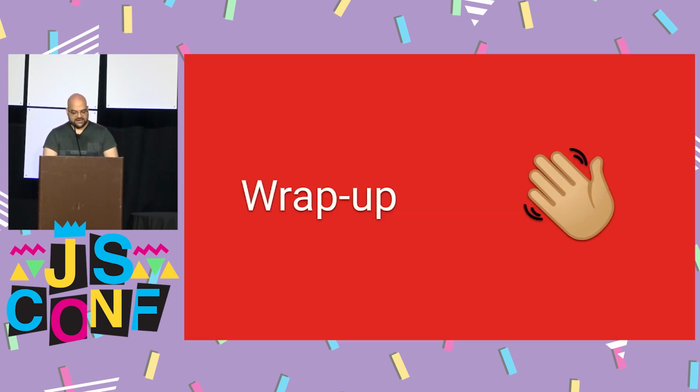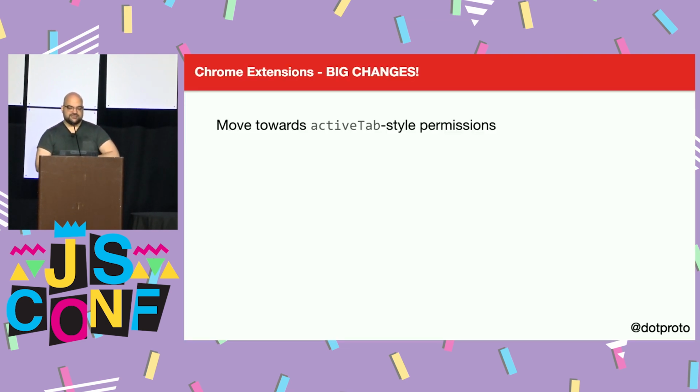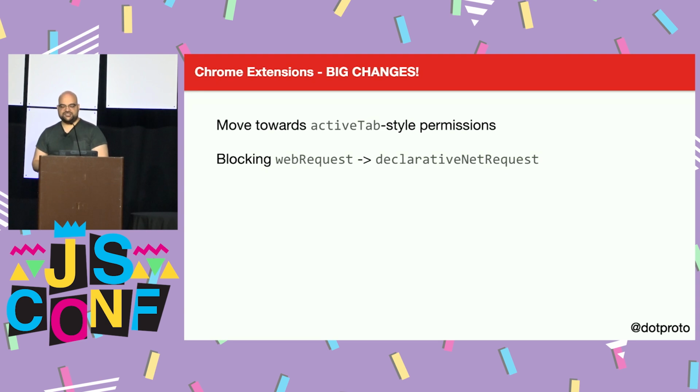And with that, I just want to quickly go through the major changes, again, to the extension platform. We're trying to move towards an active tab style set of permissions. So users are in control of when the extension is running. We're moving away from APIs that leak data, like web request, in order to make sure that as little information is being exposed to the extension as reasonably possible.